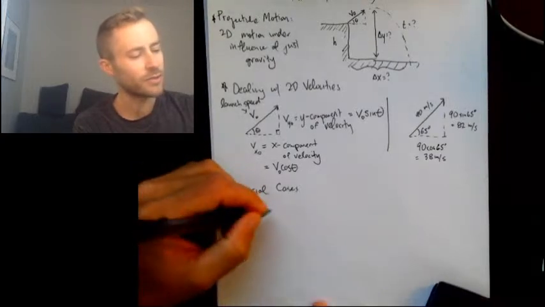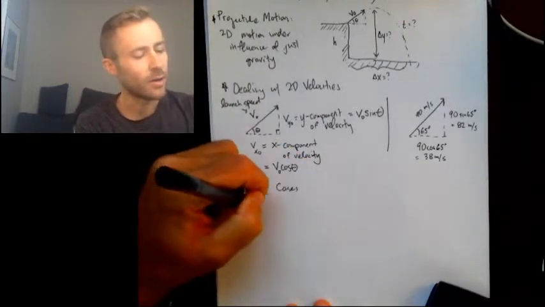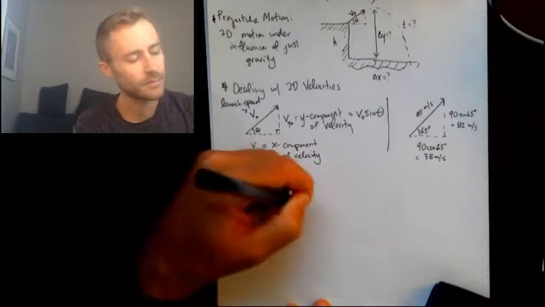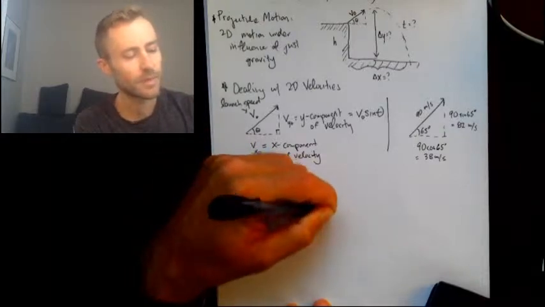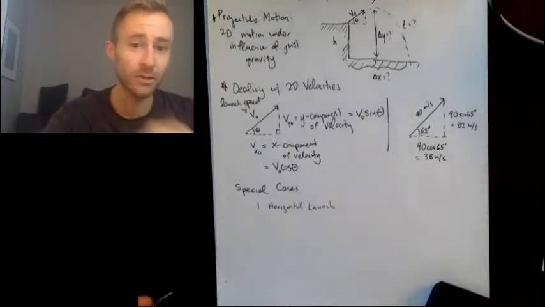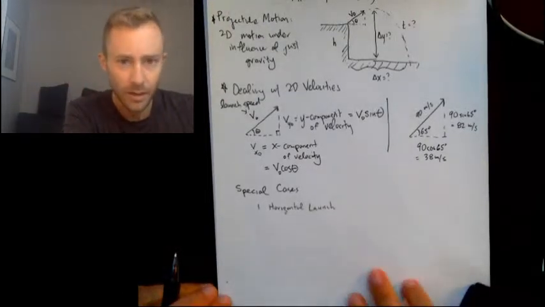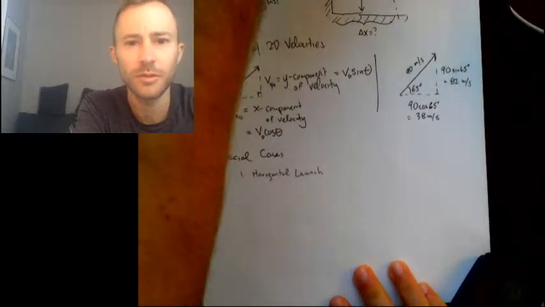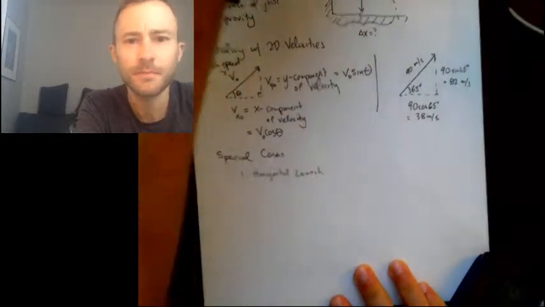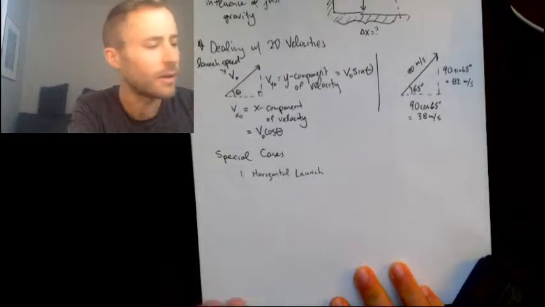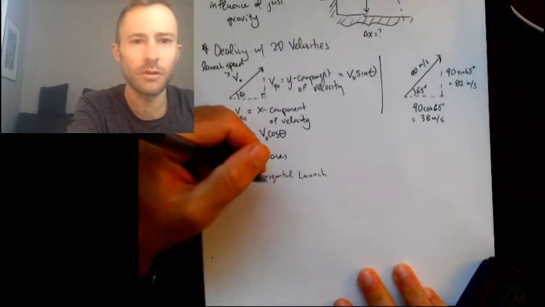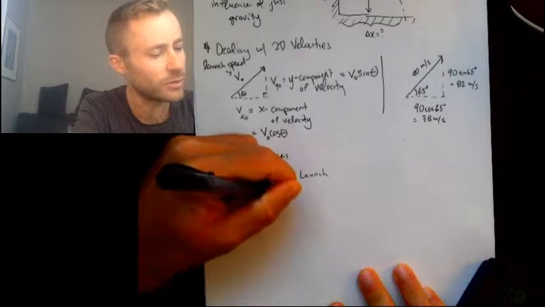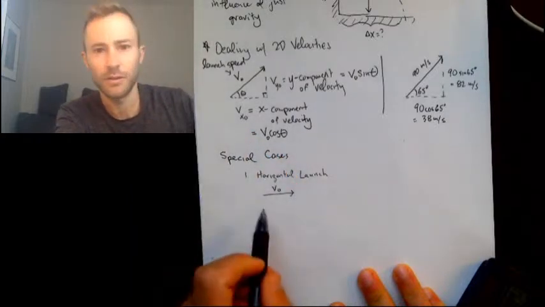One special case is to have a horizontal launch. If you have a horizontal launch, then the projectile is launched with its initial velocity straight across.